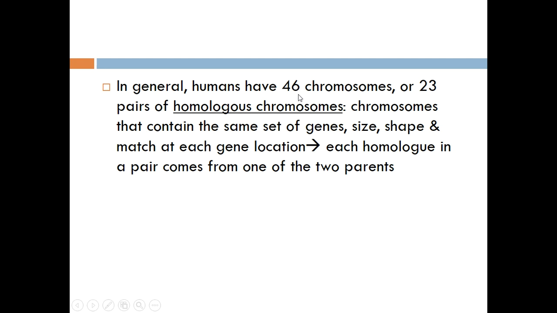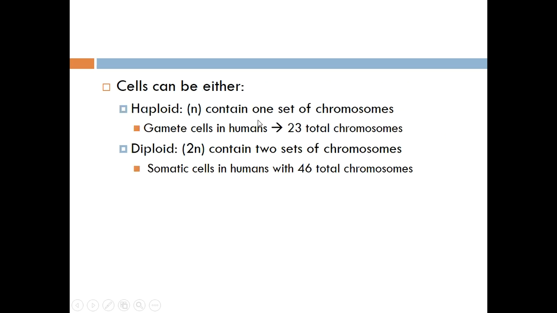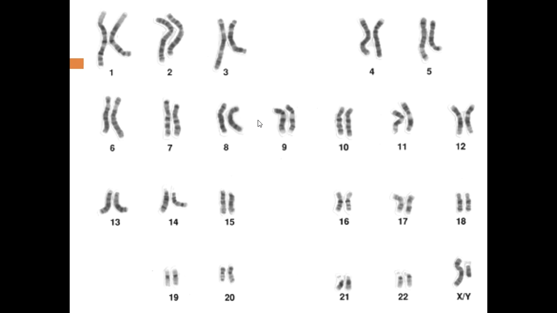Humans have 46 chromosomes, and so we talked about this, 23 pairs. And these 23 pairs are called homologous because they're about the same size. So here is something called a karyotype. And so scientists can do this, especially if they're worried about the mother when she's pregnant.